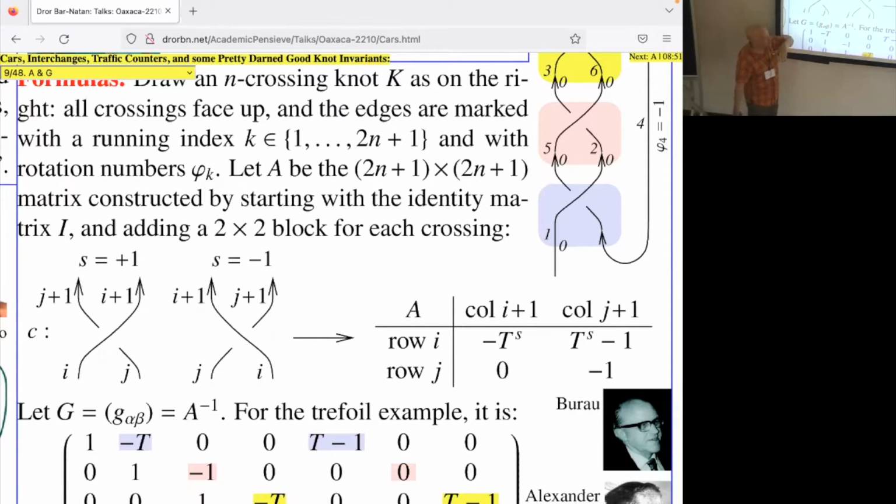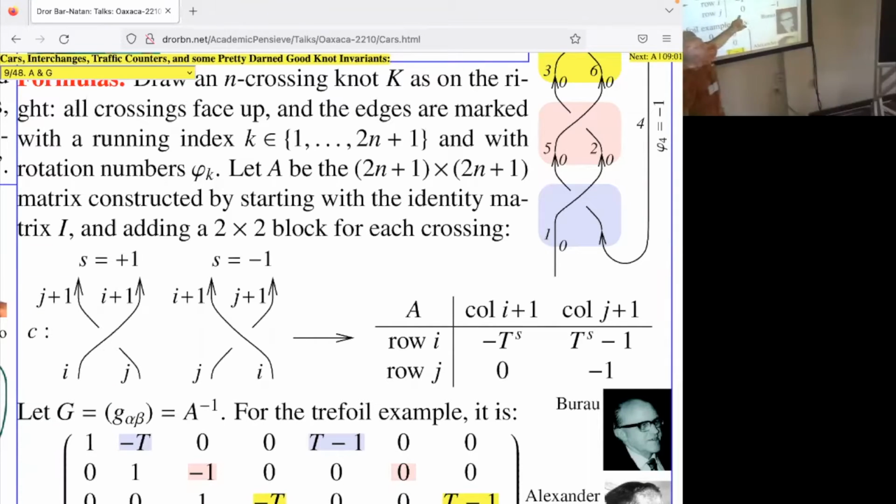And then I add to the matrix a block like this. At rows I and J, and columns I plus 1 and J plus 1, I add the entries written here. And then I let uppercase G be the inverse of the matrix A that you thus got.